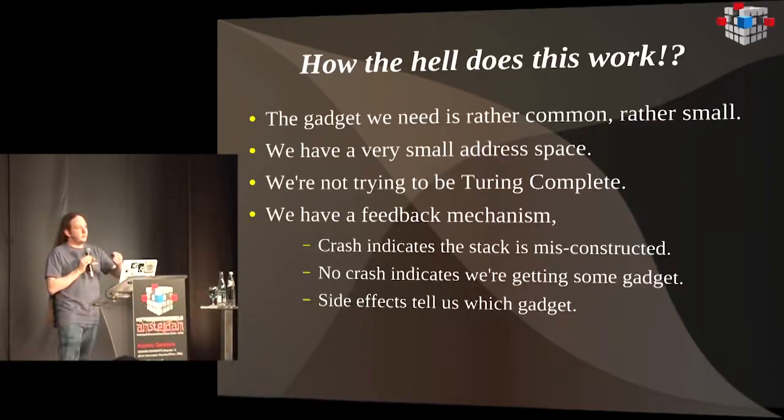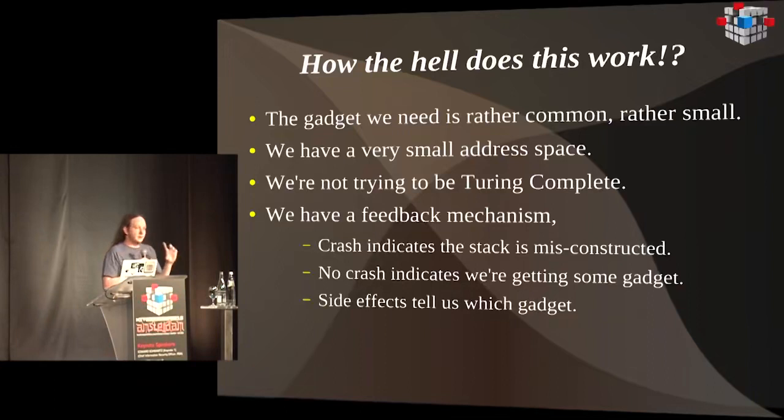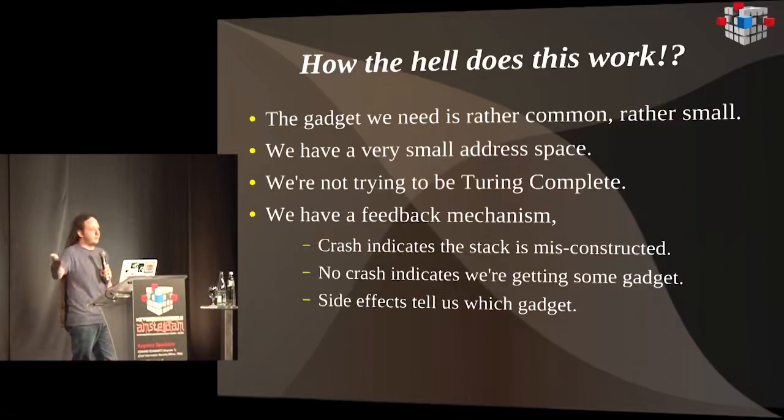In this case, it lets us know whether the thing that we've jumped to has a return statement or not. But you could construct different queries in your stack. So if you constructed your stack to where it would crash in one way or succeed in another way for anything that you can do in the stack arrangement, then that lets you leak a bit out to the host, out to the attacking party.